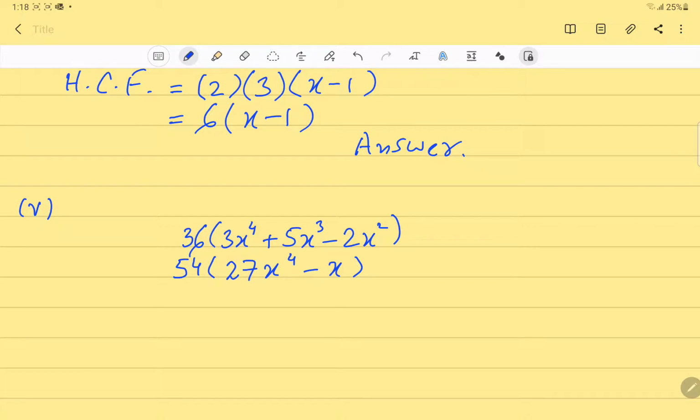So these are the two expressions that we have, and we have to find the HCF of these two.